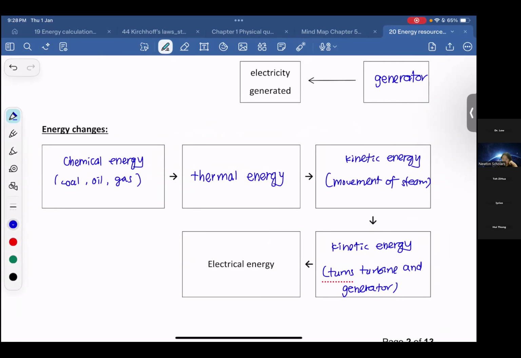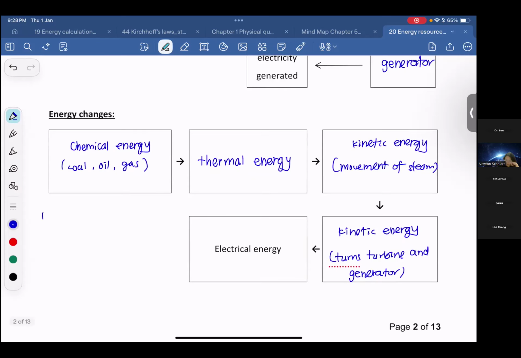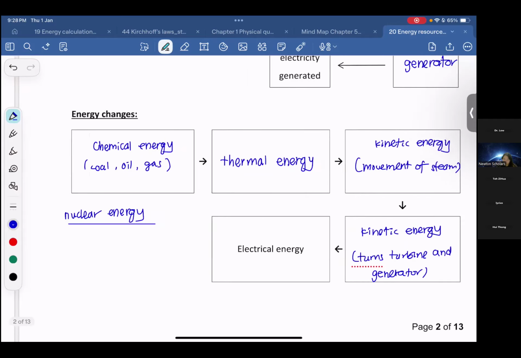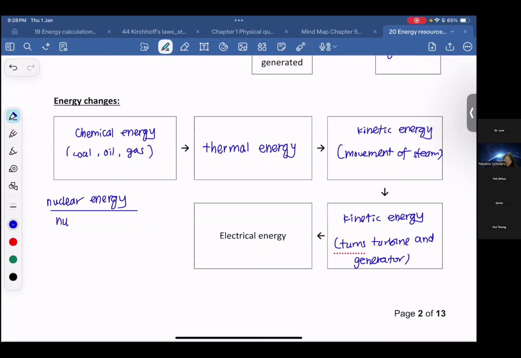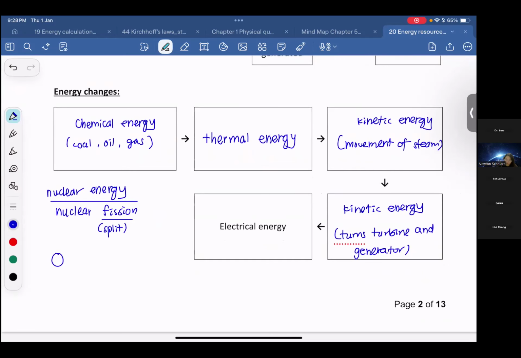Okay, for nuclear energy, you can take some notes here. Inside the nuclear reactor is actually called a nuclear fission reaction. Fission means splitting. We have uranium. This one we will also learn again in Year 11, so right now we just touch and go.